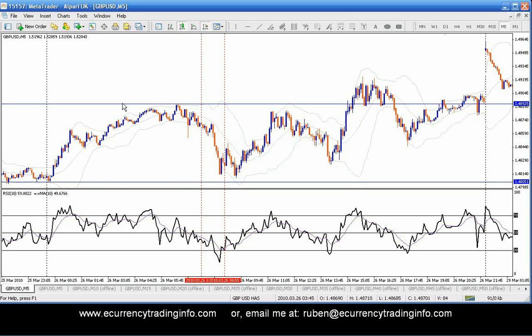Now I'm going to be waiting for a break. This is a Friday, so it's not the best example, but on a Friday the market does not really move so much in the afternoon, because some traders take out their positions because they don't want to leave them over the weekend.